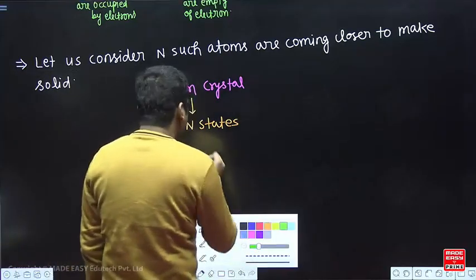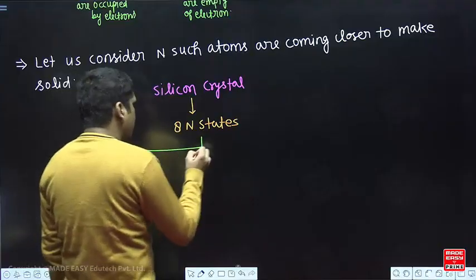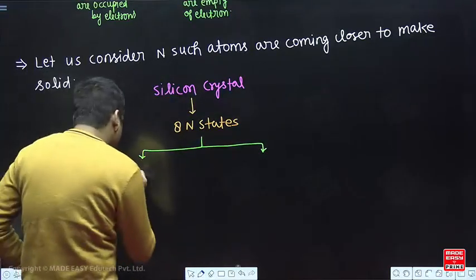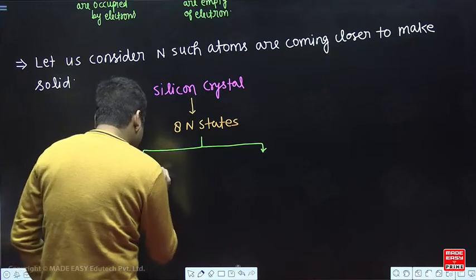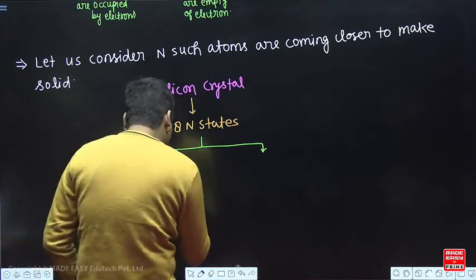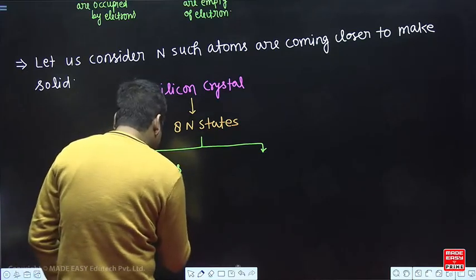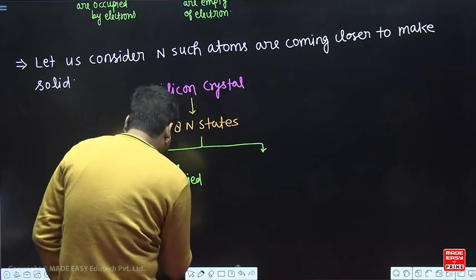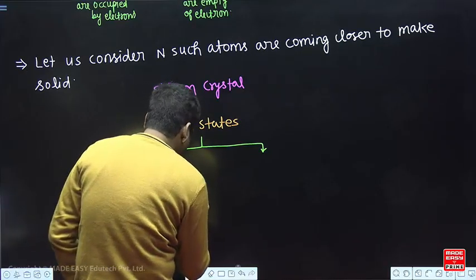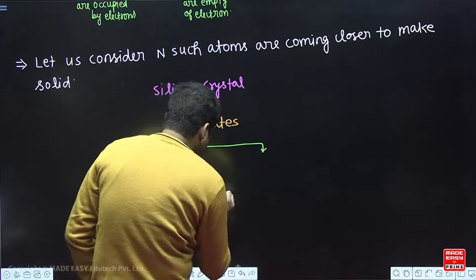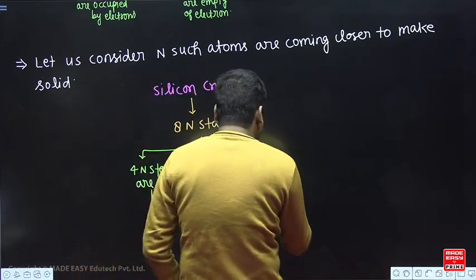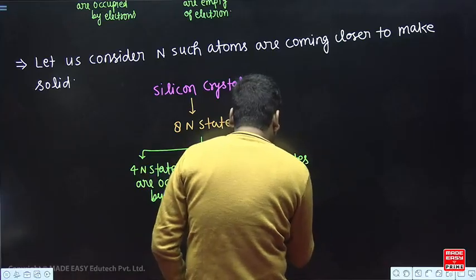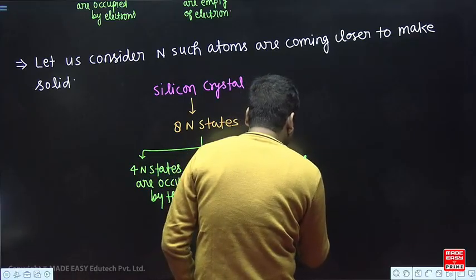For one atom there are 4 electrons. So for n atoms there would be how many? 4n electrons. So 4n states are occupied by the electrons, and 4n states are empty of electrons.